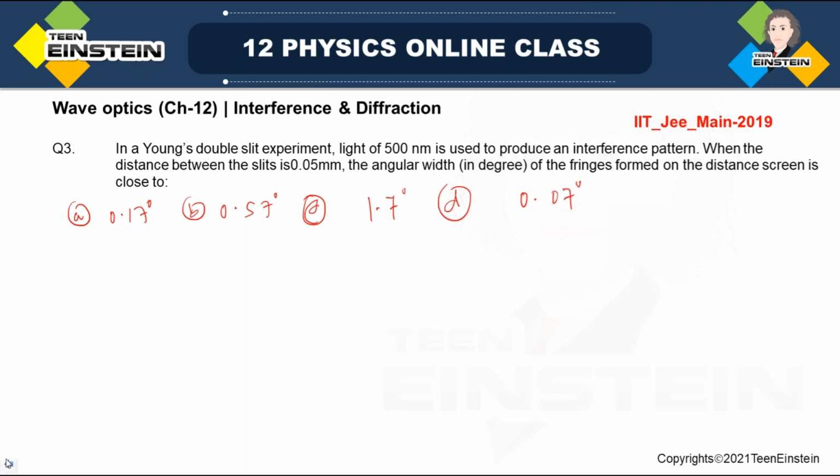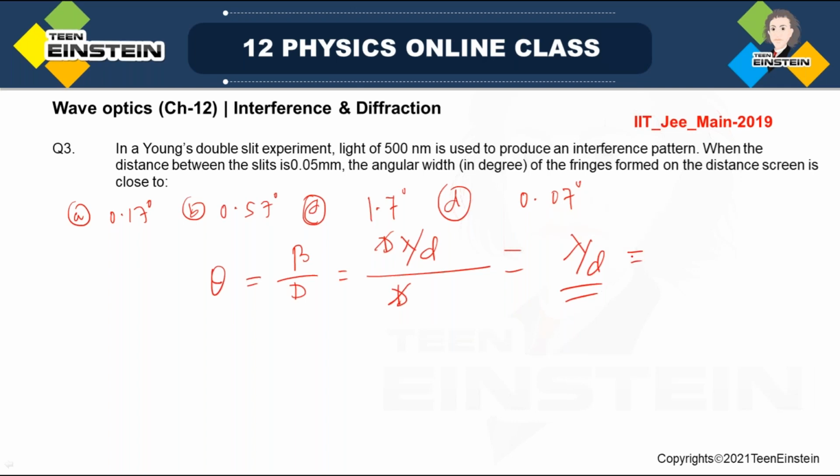This is also a question from the 2019 JEE Mains paper. The angular width for Young's double slit experiment is beta by capital D, and beta is D lambda by small d, so the angular width of each fringe will be lambda by d.